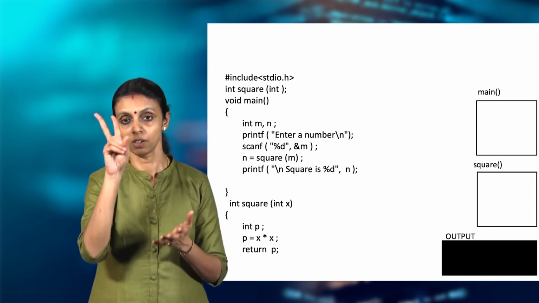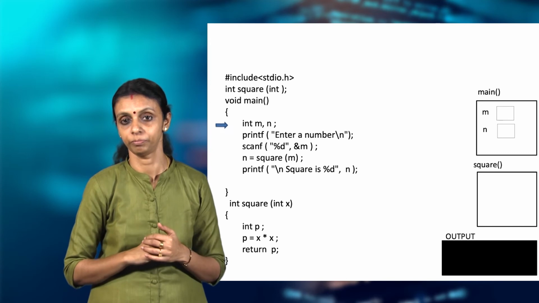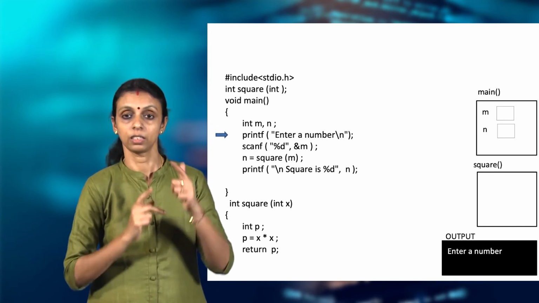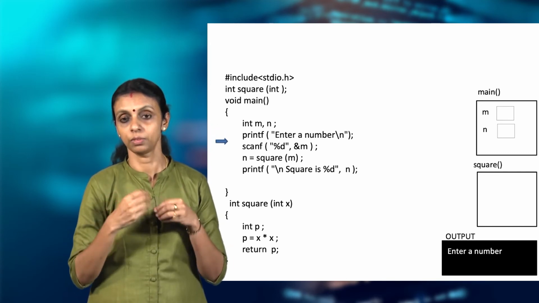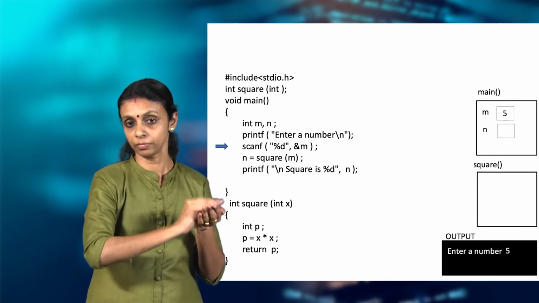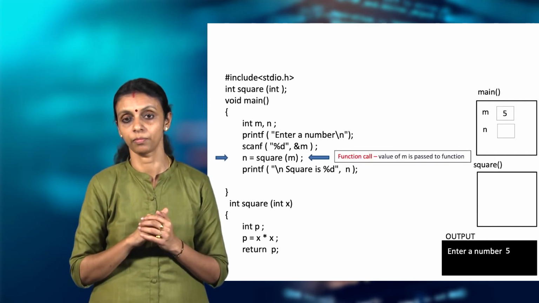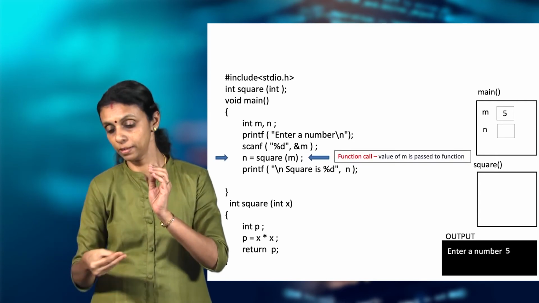Two variables are declared, m, n, integer type. Accepts a number from user in m. Calls the function and passes the parameter m to function square.